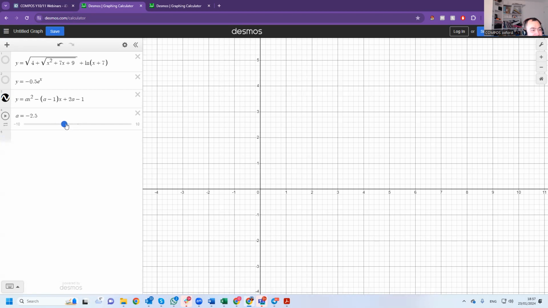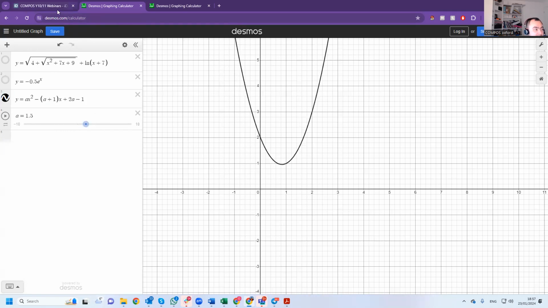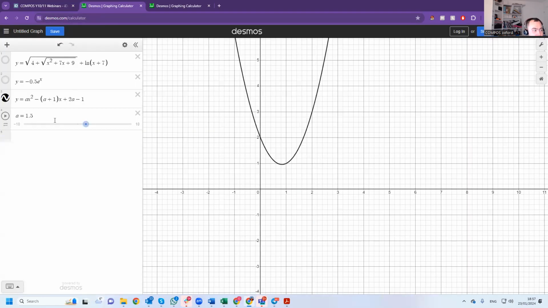And that means as you change the parameter, a plus 1, as you change a, the parabola changes. The second graph is y equals 0.